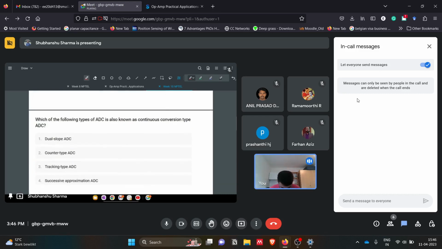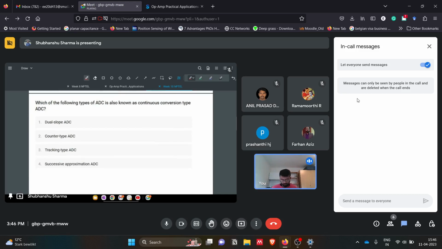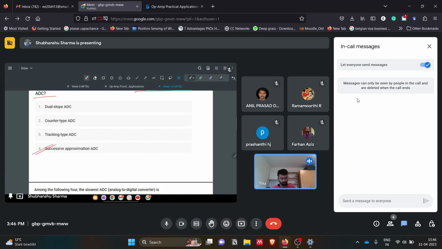Which of the following types of ADC is also known as a continuous conversion time ADC? It is the successive approximation ADC, because it is continuously converting the signal. If the signal is more than 8 volts, then it will go up, like 0 1 0 0.